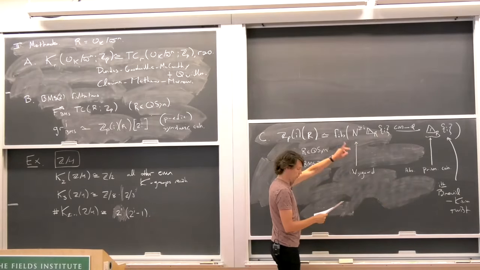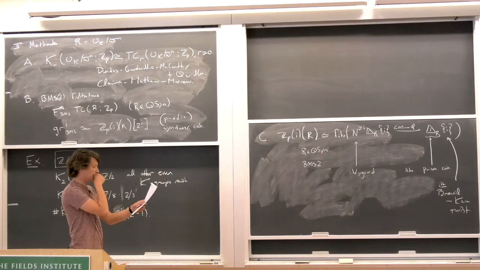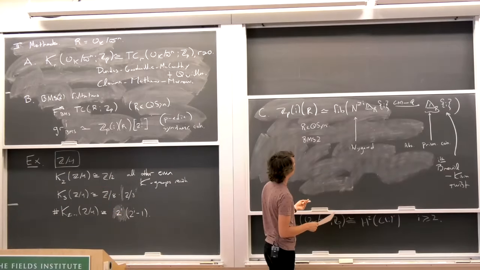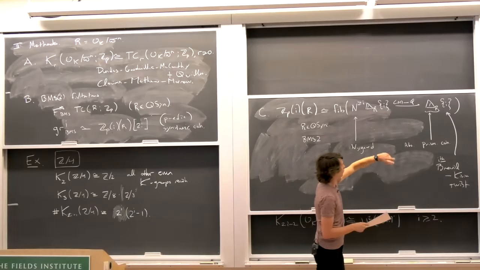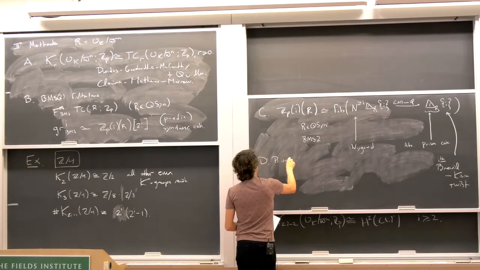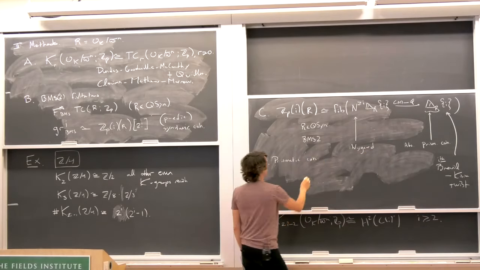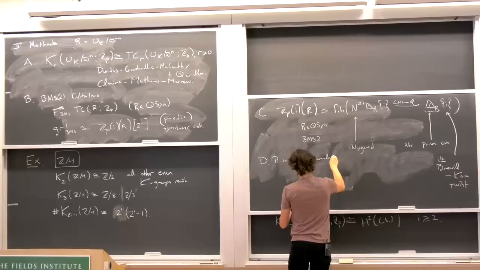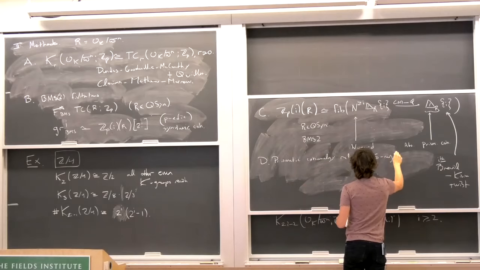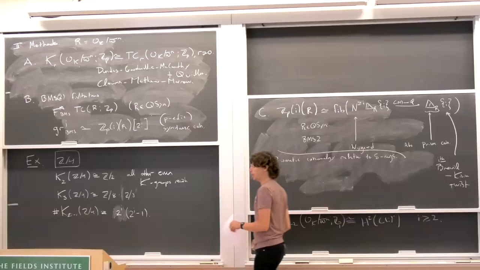Okay, so we'll see what these are in a minute. Well, that's kind of a lot, more and more terms that maybe we don't know. So let me try to explain what all of these are. That takes us to D, which is going to be a rapid mini course in prismatic cohomology, specifically relative to delta rings, which is a slightly extended version of the theory that we introduce in our paper.